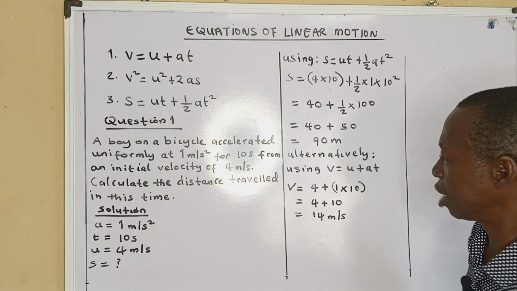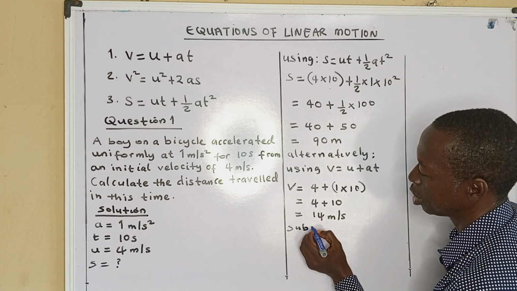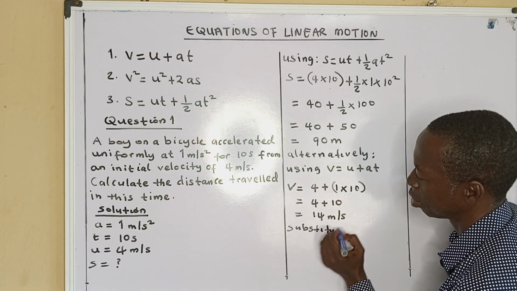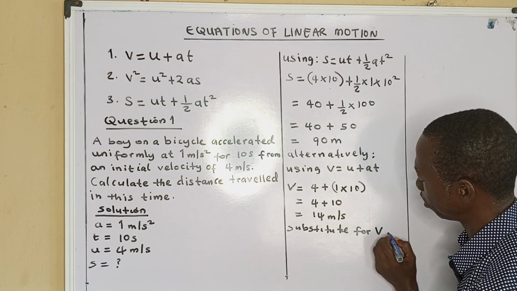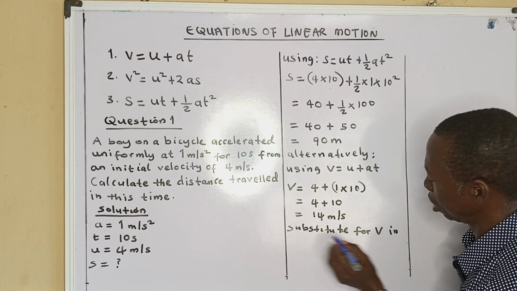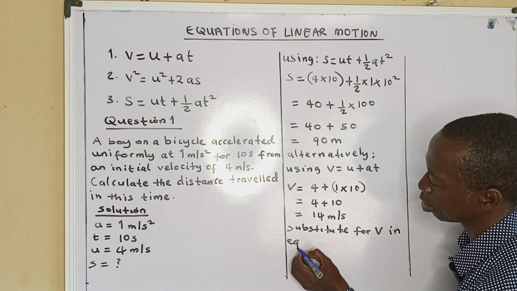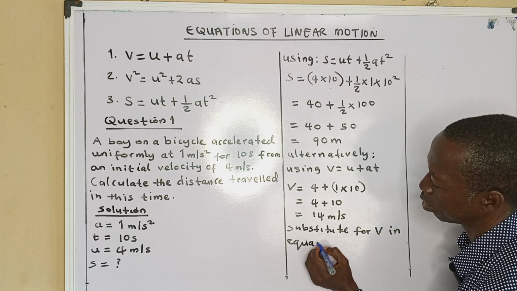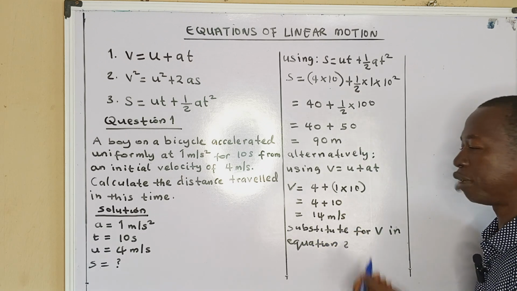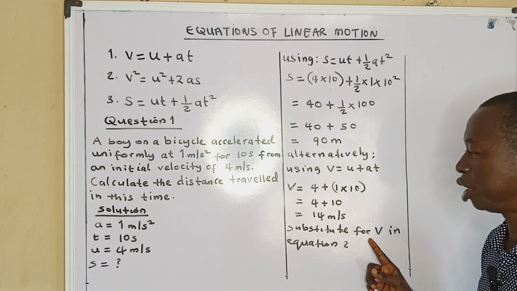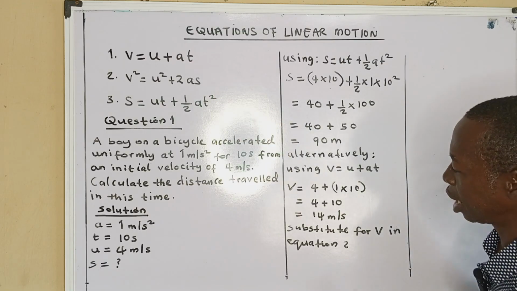So let's look at that. So I now say, substitute for v in equation 2. Substitute for the final velocity, which is 14, in equation 2. So let's look at that.